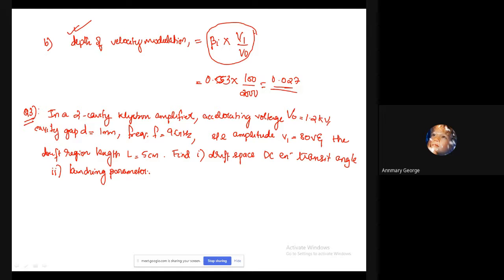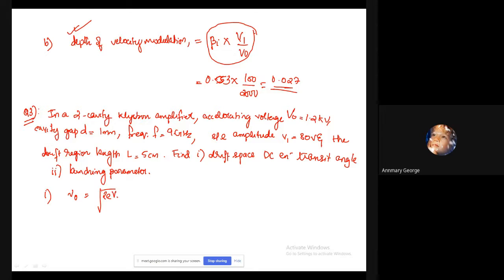Same equation, 0.593 into 10 raised to 6 root of V0. What is the value of V0? This is the complete equation.